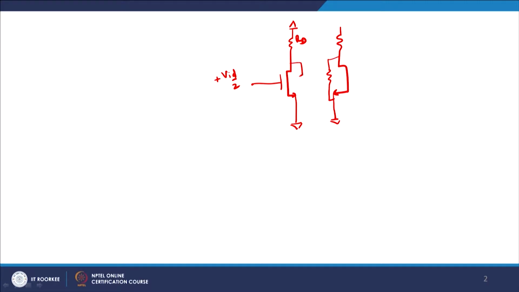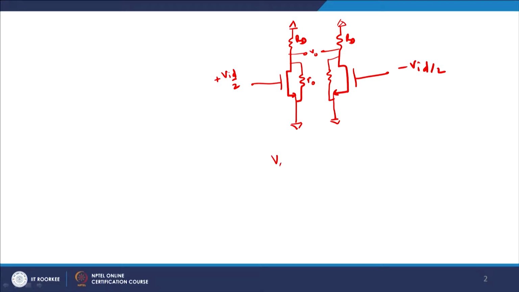If I have two circuits here, this is plus VID by 2, this is RD, and this is again the same here. So there are two half circuits, and this is the series resistance of the device itself. So this is RO, this is RD, and this is the output voltage V0 which we try to find out, and this is minus VID by 2.